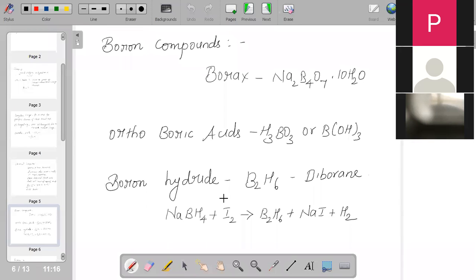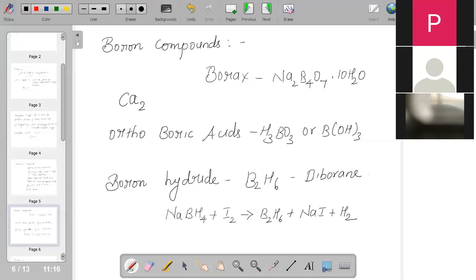It is basically prepared from calcium ore. In this, the calcium ore is made to react with sodium carbonate.